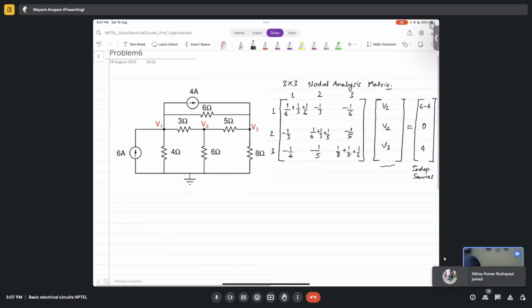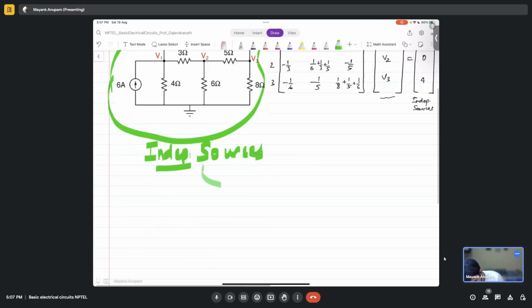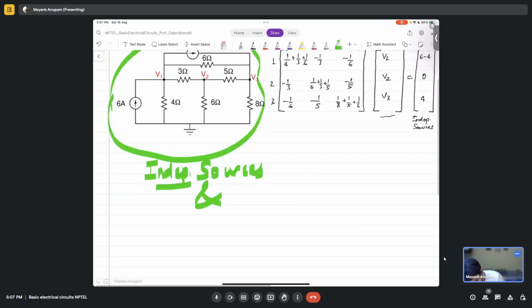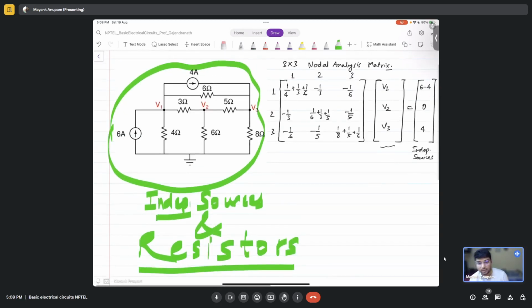Since this matrix contains only independent sources and resistors, in this case what do we see?